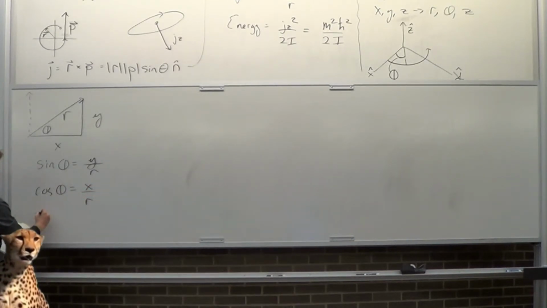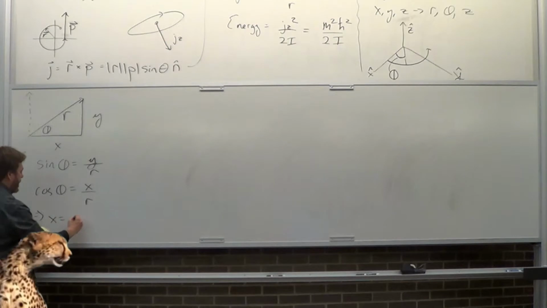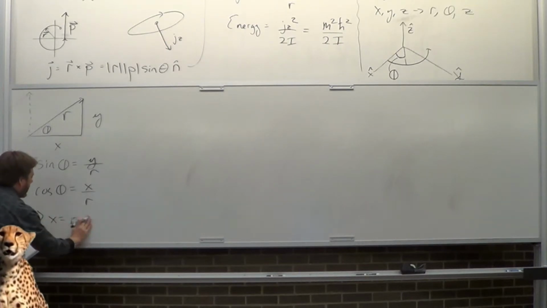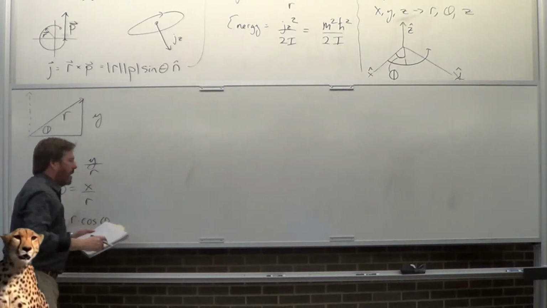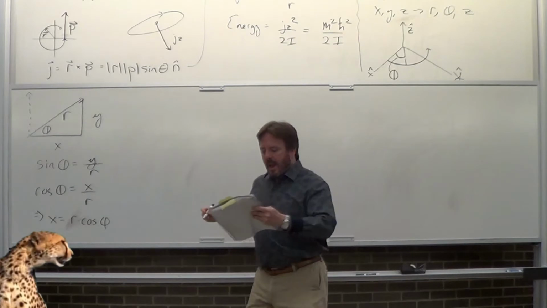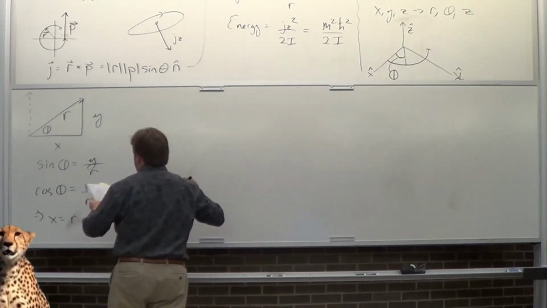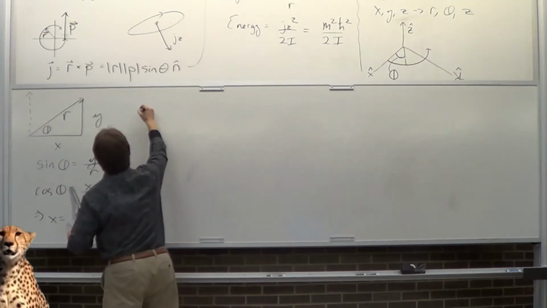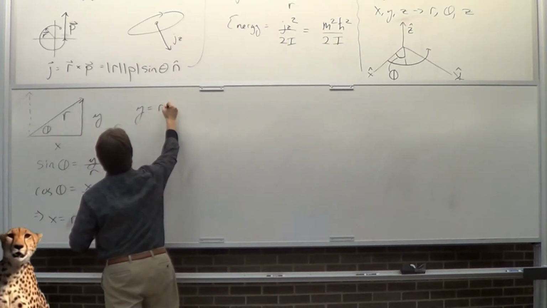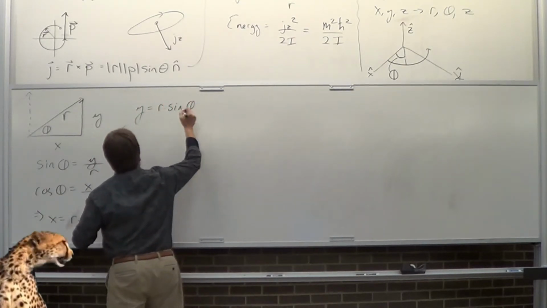And so therefore, x is r cos phi. Not too hard. And the one that gets a little bit more painful is y. Y, of course, is r sine phi.